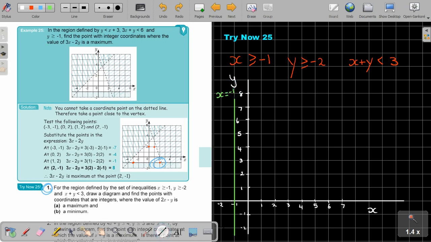Then it's cutting my y-axis, and this is equal to -2. And then remember what I said, if it's 1x plus 1y, whatever that constant, it just means that it cuts at 3, 3. So basically that line will just be like this. I just want to extend it a little bit.